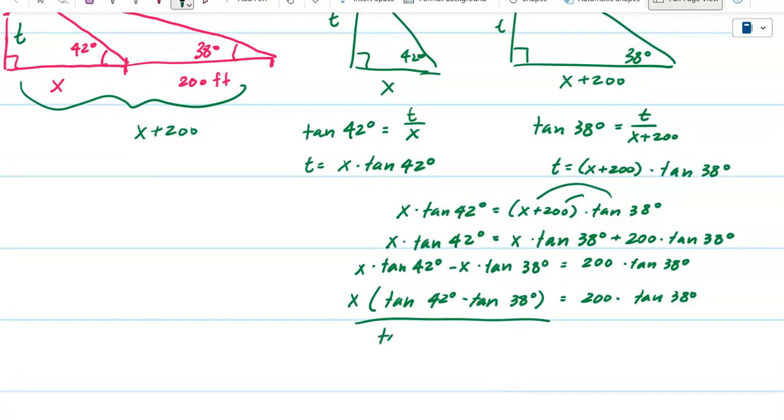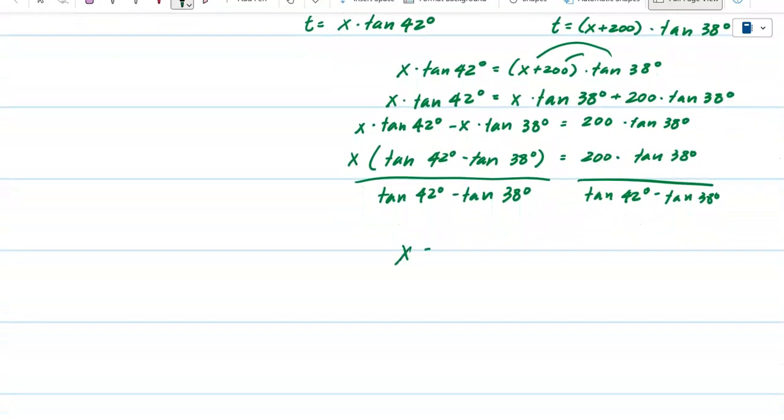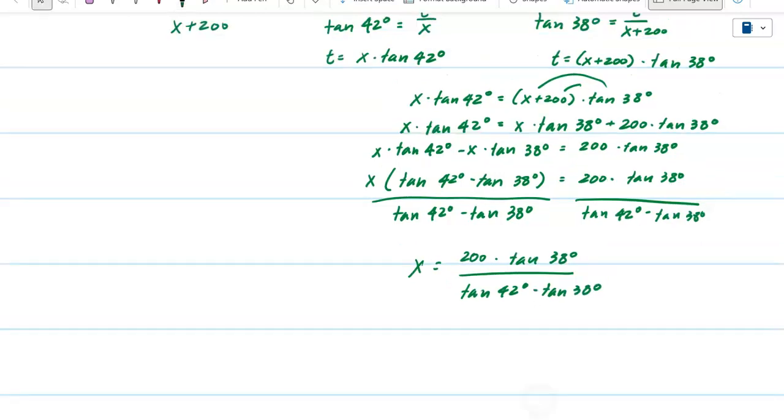Divide both sides by tangent. You end up with x equals 200 times tangent of 38 degrees over tangent of 42 degrees minus tangent of 38 degrees. Now we have x.